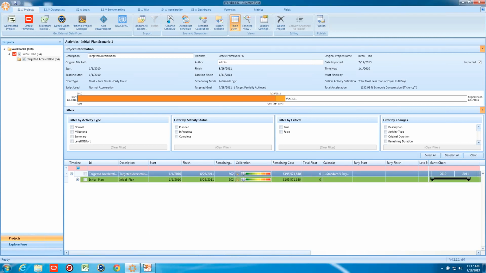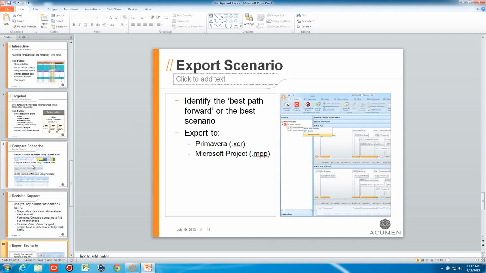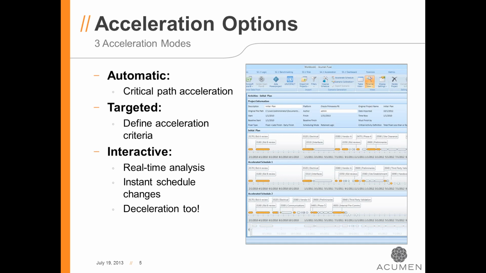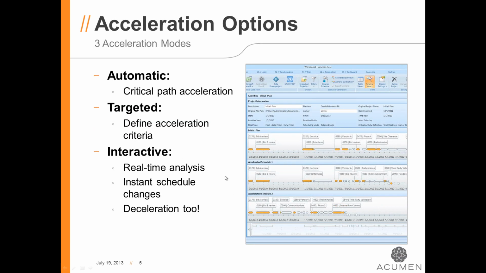So to wrap up and review, we've gone through the final step where we've exported our scenario. Just to recap what we've done today, we started with the third item. We started with the interactive analysis. That's where I was moving the sliders around. We did some acceleration. We did some deceleration as well.